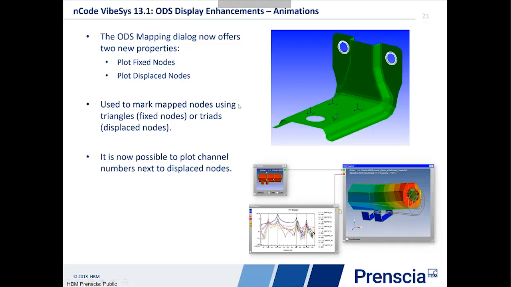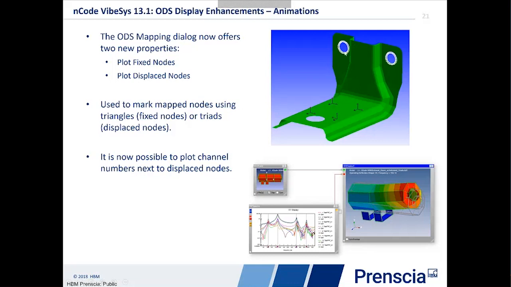So typically you'd take a measurement, whether it's an FRF or time domain signal, and you map it to this specific node, for instance, in this specific direction, and then you can animate the whole model. So what we did in version 2018 is the ability to plot those boundary conditions, if you like.